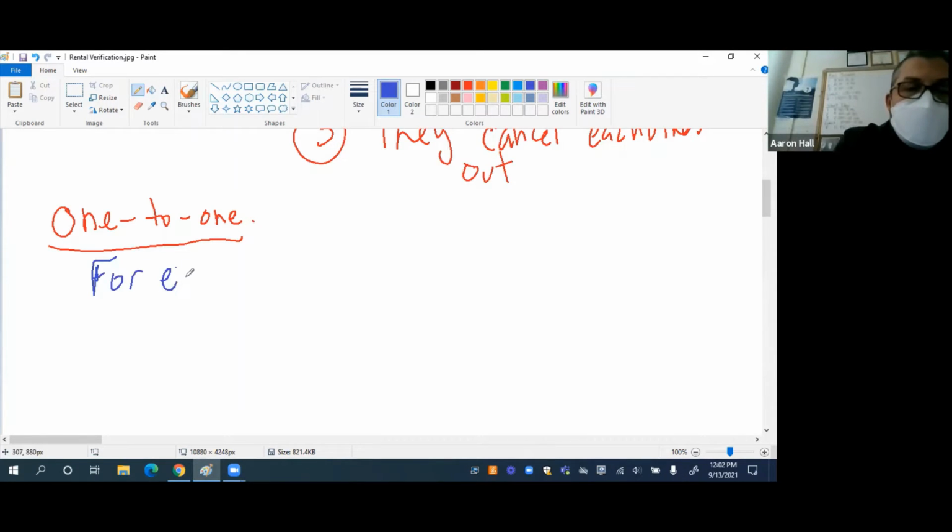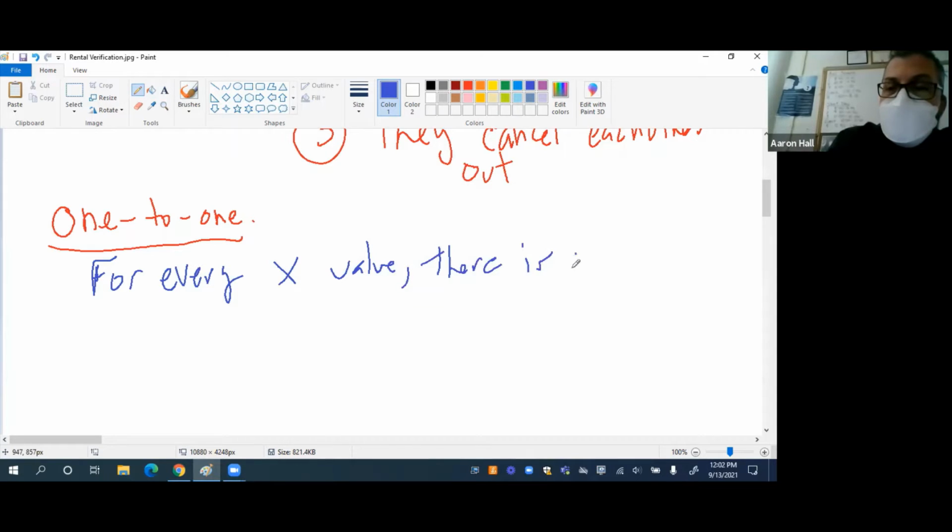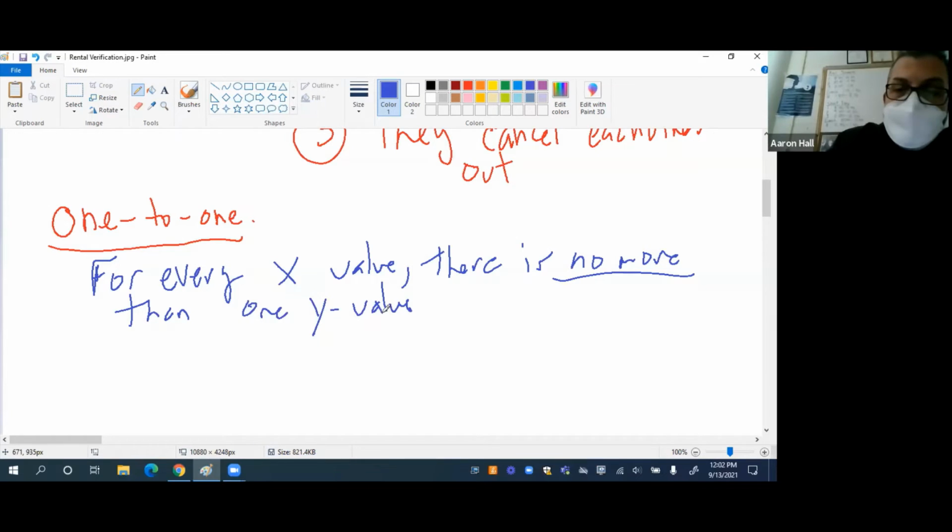For every x value, there is no more than one corresponding y value assigned to it.